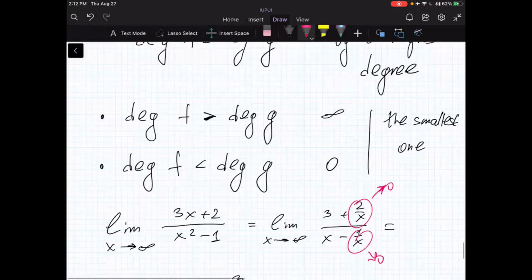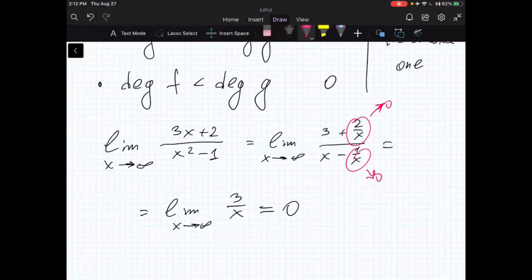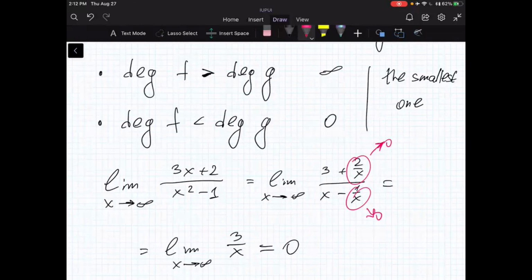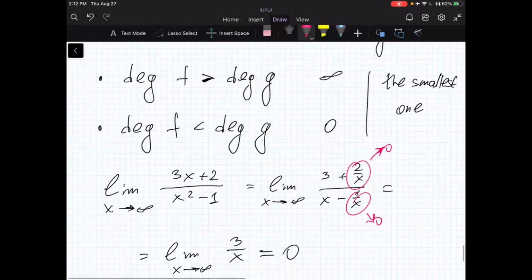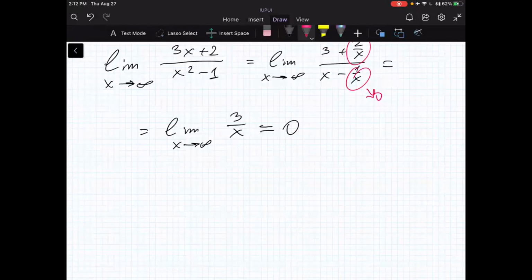But why I wanted to mention it, that sometimes, it's not hard to see what happens if they are not equal. You just need to, again, divide it, but not by the highest, but by the smallest one. Smallest between the two degrees of numerator and denominator. Okay.